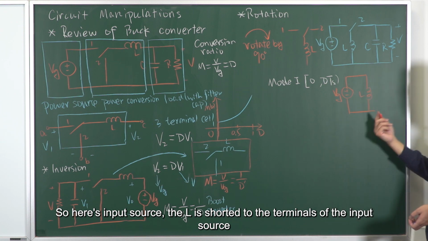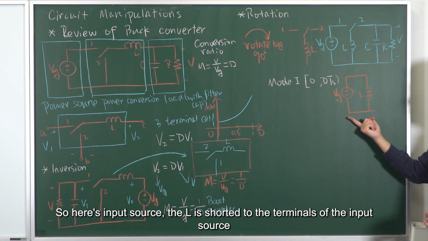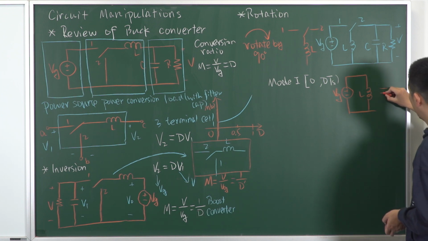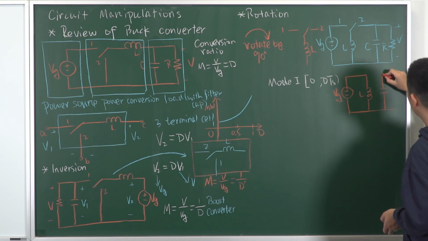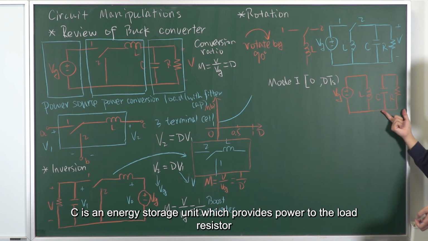The L is shorted to the terminals of the input source. C is an energy storage unit which provides power to the load resistor.